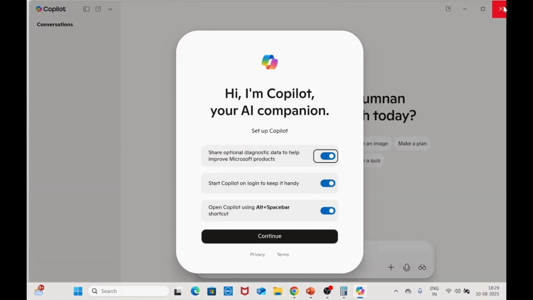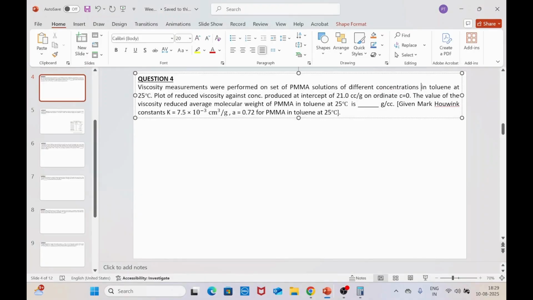A plot of reduced viscosity against the concentration produced an intercept of 21 on the ordinate at c equals 0. So if you plot a curve between the reduced viscosity and the concentration, the curve is going to cut the y-axis at c equals 0. The value is going to be 21 cc per gram.